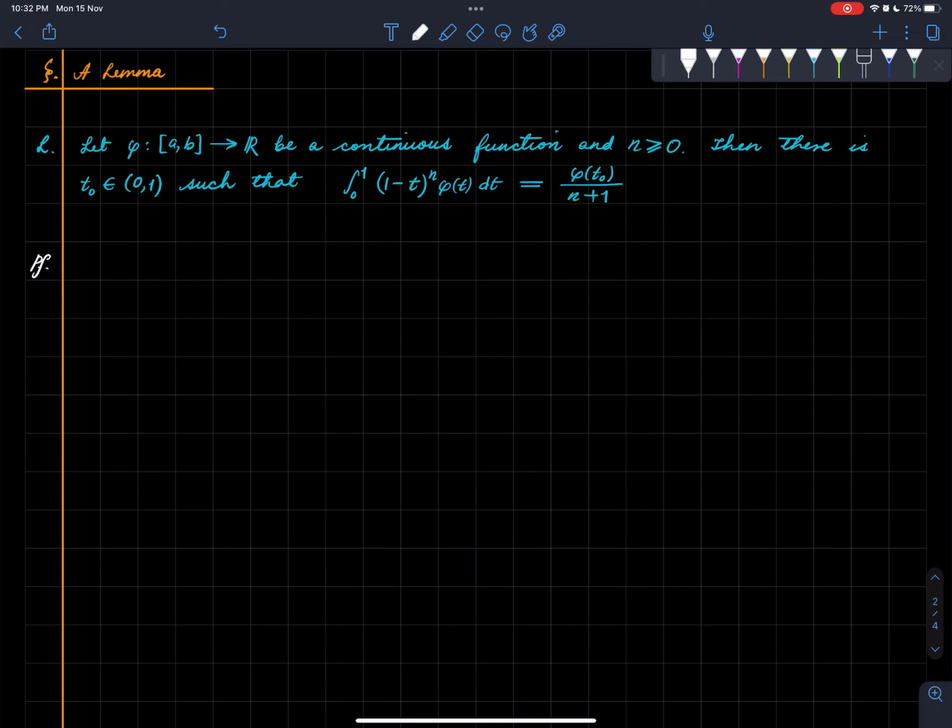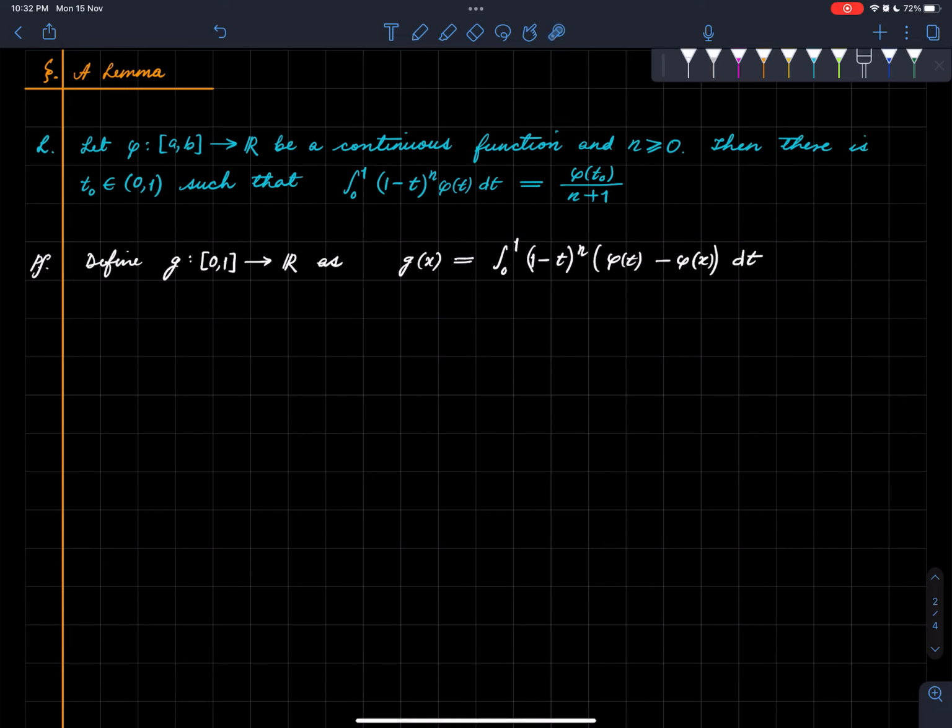Define g on [a, b] as this integral, where we just shift it.